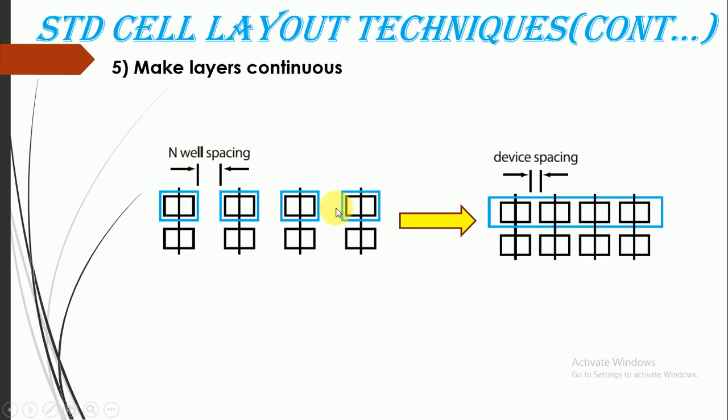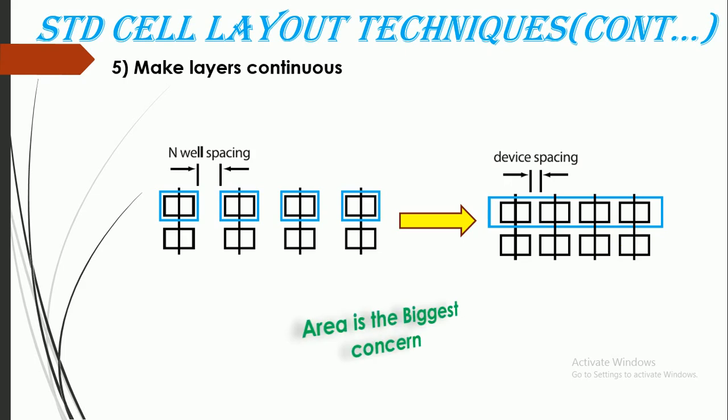In order to avoid such scenarios, we will put a common well covering the regions of the first inverter, second inverter, third inverter, something like that. Why are we doing so? As we know, area is the biggest concern.